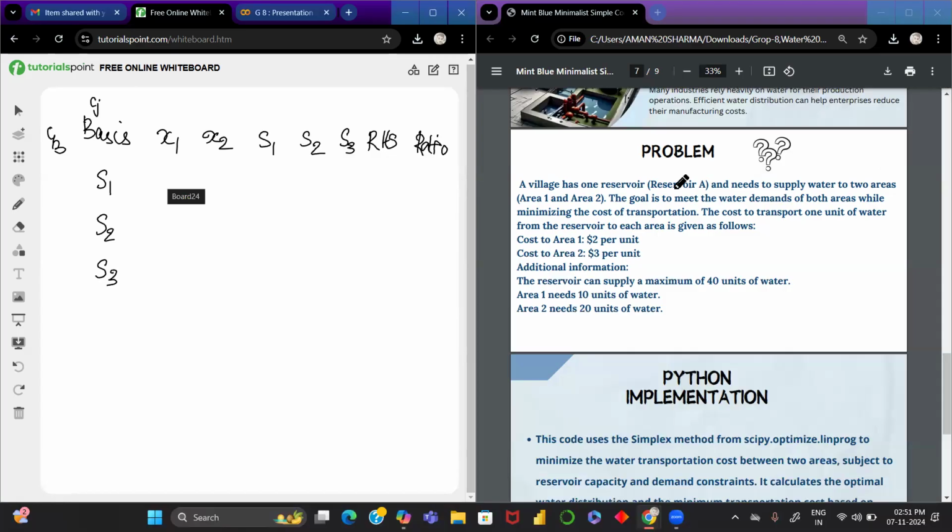Here we'll write the corresponding coefficients of the previous equations.